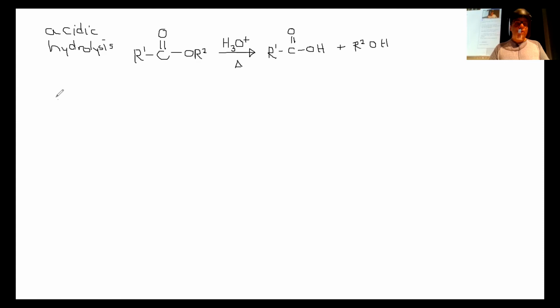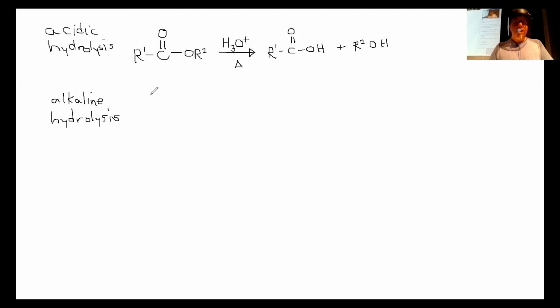You can also hydrolyze esters under alkaline conditions, and this is also called saponification, which we talked about in chapter 15. I think it was, yeah, on lipids. Oh no, that's right, hydrolysis.